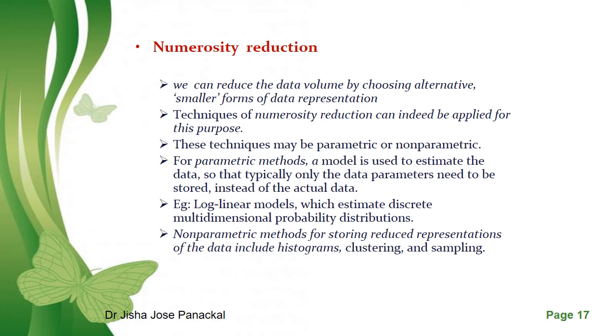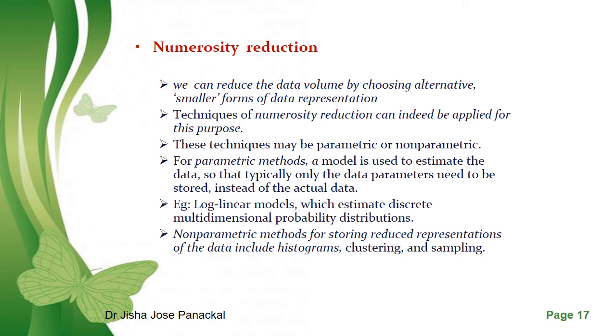For parametric methods, a model is used to estimate the data so that typically only the data parameters need to be stored instead of the actual data. So instead of actual data, we may represent some data parameters. This is known as the parametric method. Example, log linear models which estimate discrete multidimensional probability distributions.